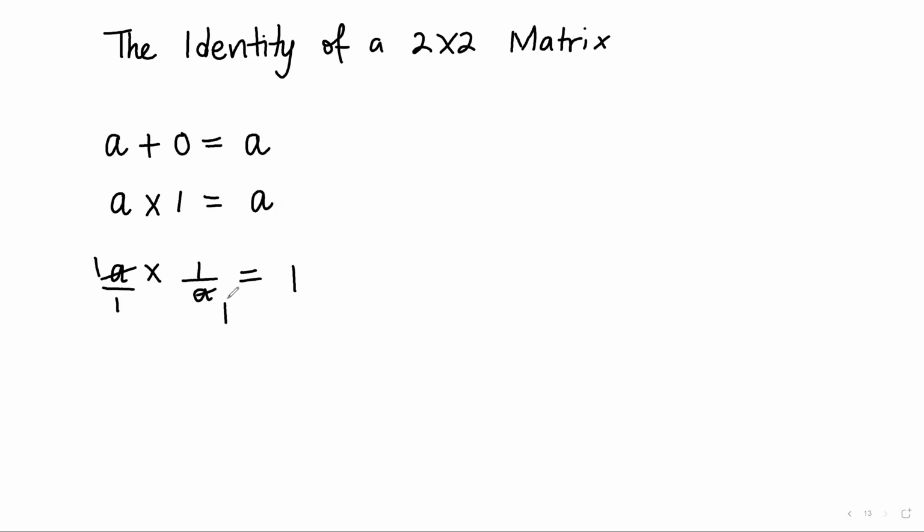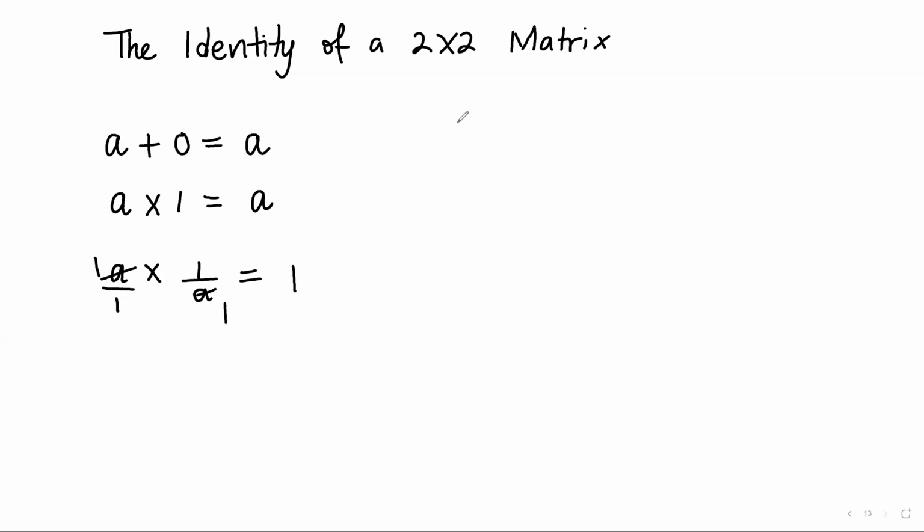So in the same way, when you multiply a 2 by 2 matrix by its inverse, you get the identity matrix. Just like when you multiply a regular value A by its inverse, you get 1.